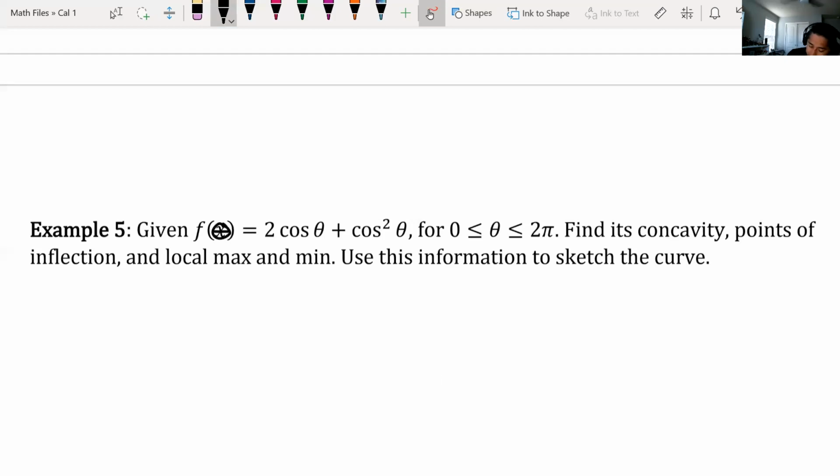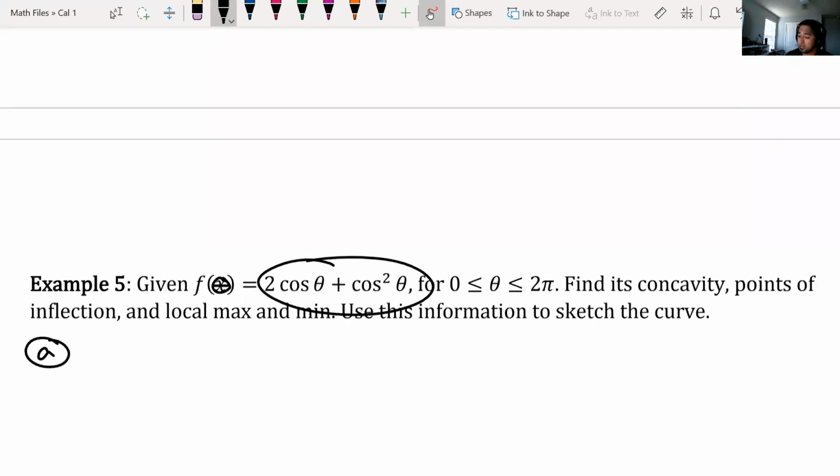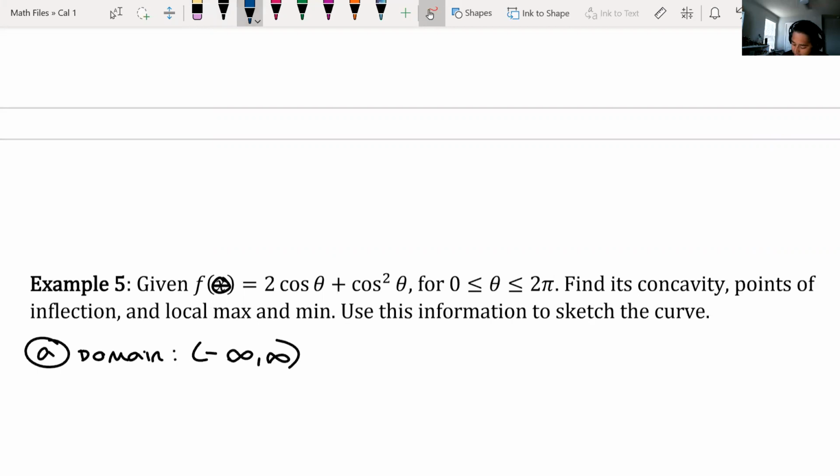Perfect. So first step is, of course, find domain and x and y intercepts. Well, here you have cosine and cosine squared. What is the domain of cosine? Negative infinity to positive infinity. There you go. And then we want to look for x-intercepts. So we set the original function equal to 0.